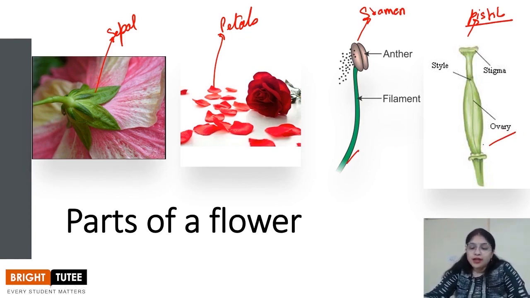So we have seen that there are 4 main parts of the flower, and because we had taken so many different flowers, we have observed how these flowers differ from one another and in what ways they are similar. We also talked about how these different parts of the flower are present in almost all the flowers that we observe.